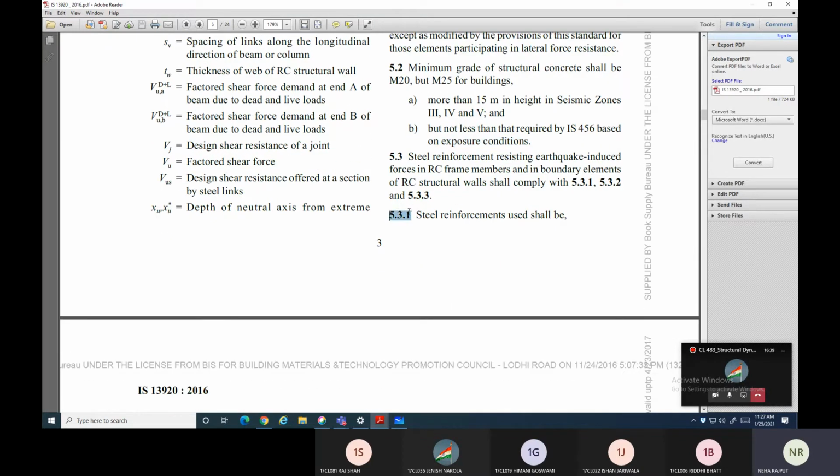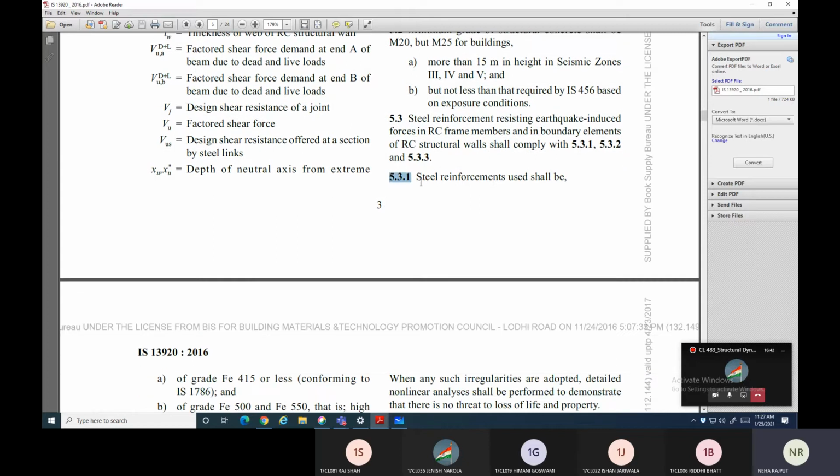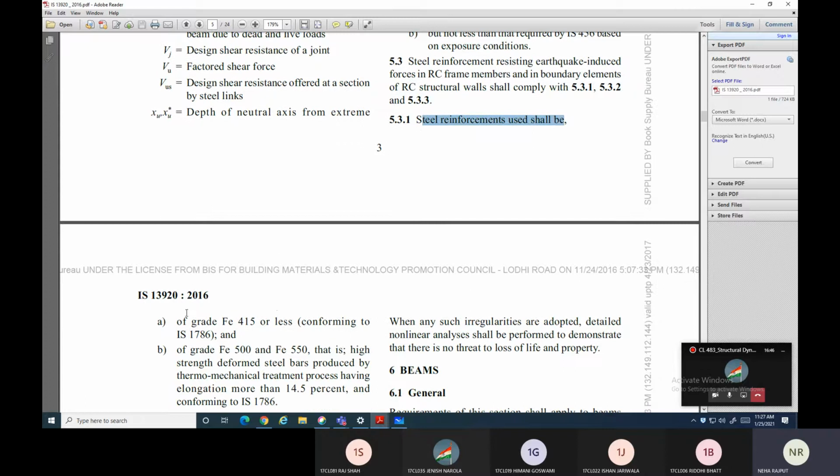Then here 5.3.1, steel reinforcement shall be of grade Fe 415 or less. Now the maximum grade of steel as per 13920 is Fe 415 or less. Fe 415 or less means HYSD bar Fe 415 or less you can use as per 13920.